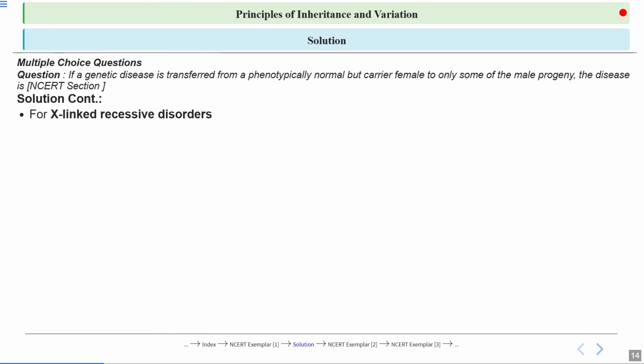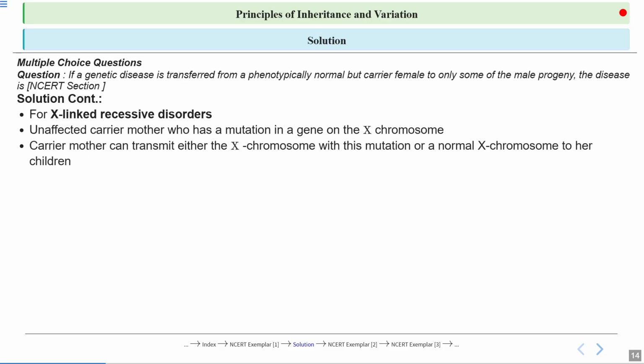Now for X-linked recessive disorders, we know that the carrier mother who has a mutation in a gene on the X chromosome, only on one X chromosome, can transmit either the X chromosome which has this mutation, or she can transmit the X chromosome which has the normal gene.